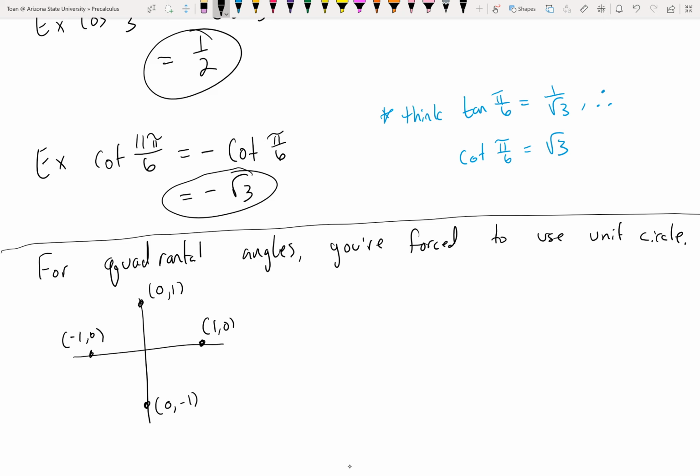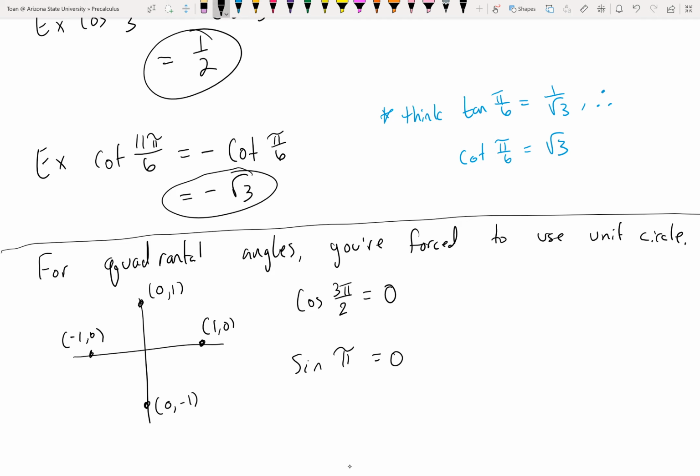So with this, I can easily see that cosine of 3 pi halves, excuse me, it's very late, I'm tired. Cosine of 3 pi halves, I know 3 pi halves is down here. Cosine is x's, so that's going to be 0. I know that sine of pi, I know pi is right here, and sine is the y values, that's going to be 0.